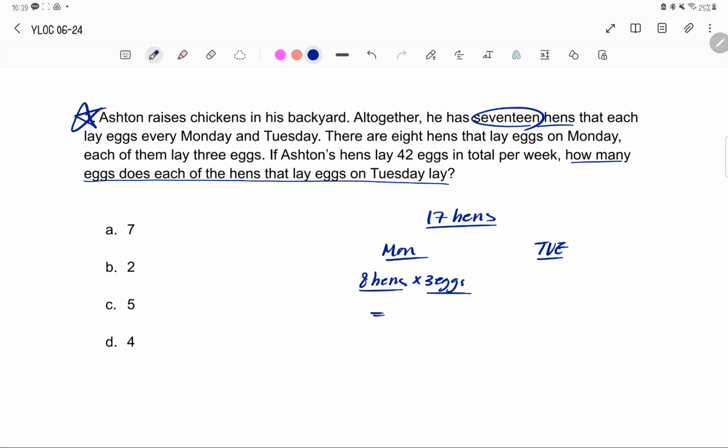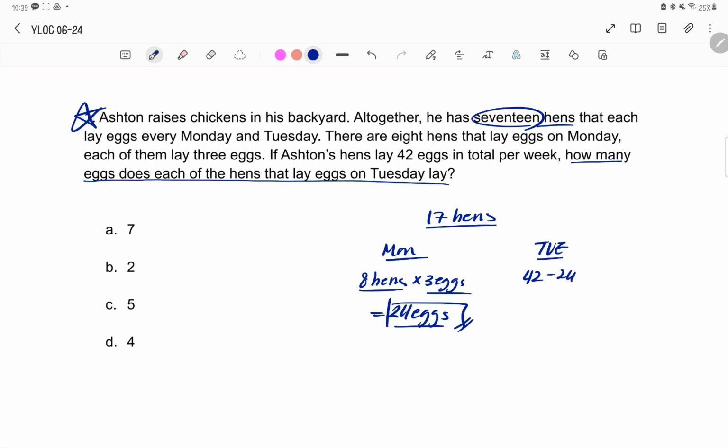How many eggs are there? 24 eggs, right? This is just for Monday because there were 8 hens and each of them laid 3 eggs. So we're wondering how many eggs each of the hens that laid eggs on Tuesday laid. First of all, we have to find how many eggs they had on Tuesday.